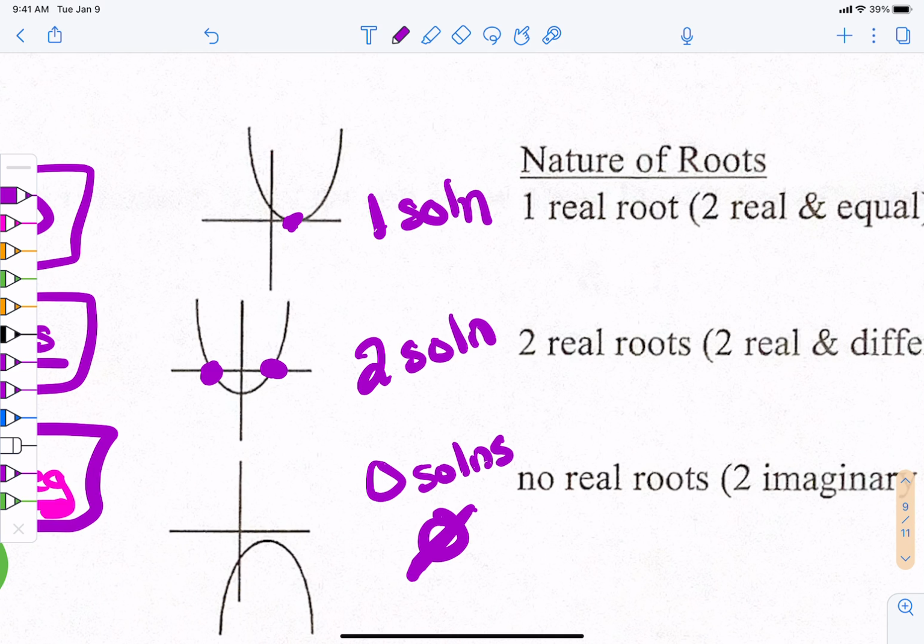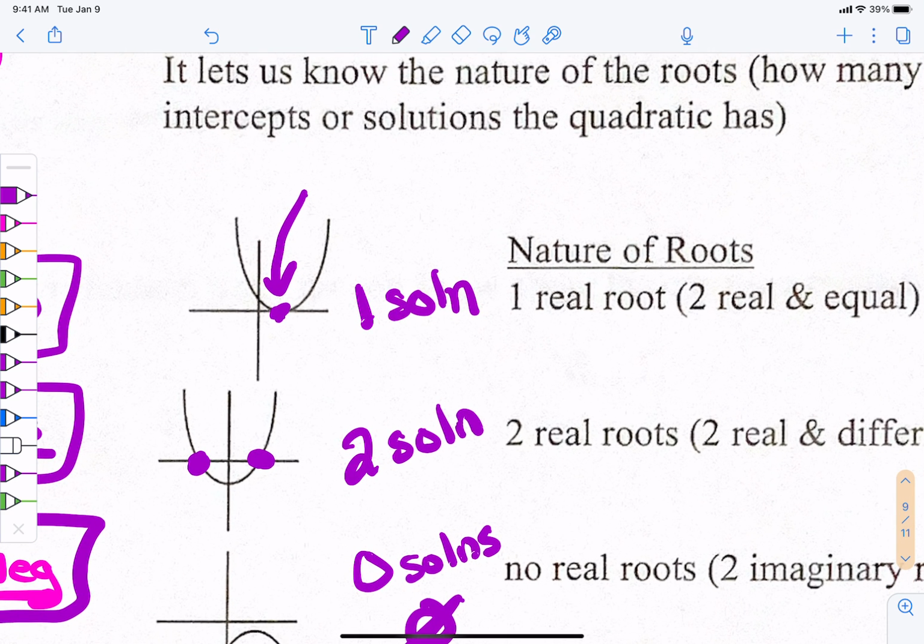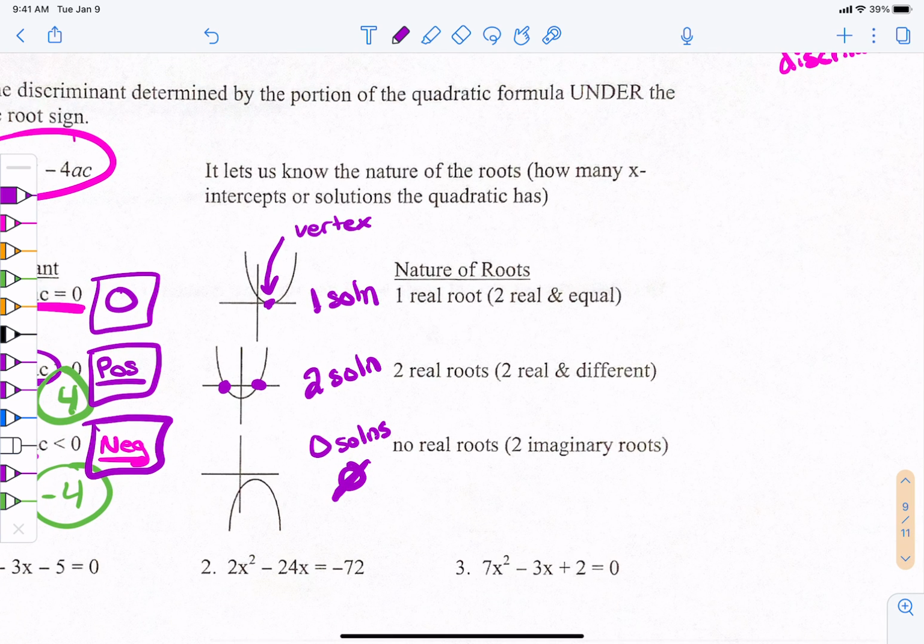Nope. What's that thing called? That is called the what? I thought I heard somebody say it, but they didn't. Vertex. That's called a vertex, right? So if it has one solution, the vertex is touching. The vertex is touching there.